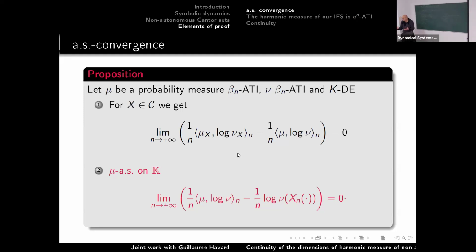They have to have this translation invariance. Non-autonomous means that whatever you do here, at the same generation, you do there. So the measure has to have this quasi-translation invariance. From the moment you have this translation invariance, even mildly, this works.